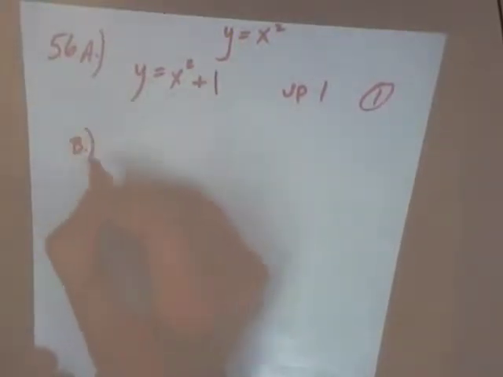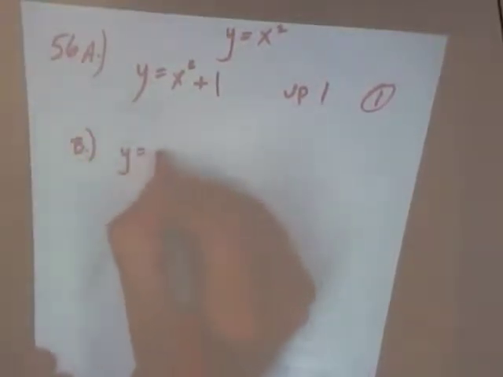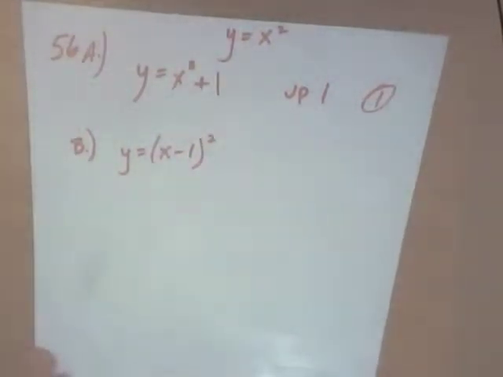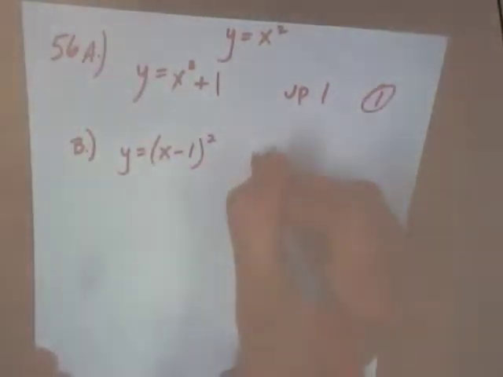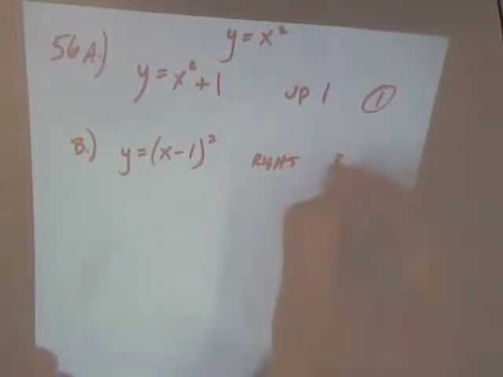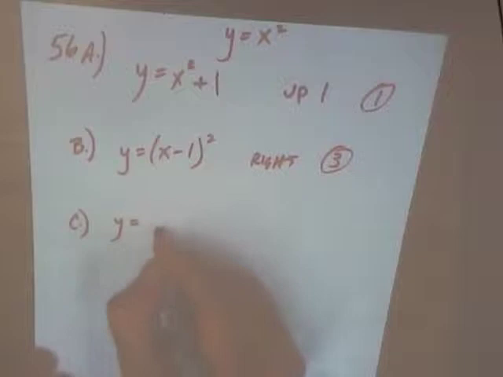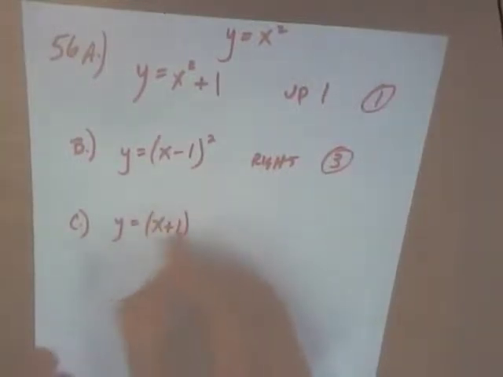B. y equals x minus 1 squared. What's that going to do? Right 1. So that is number 3. C, y equals x plus 1 squared.